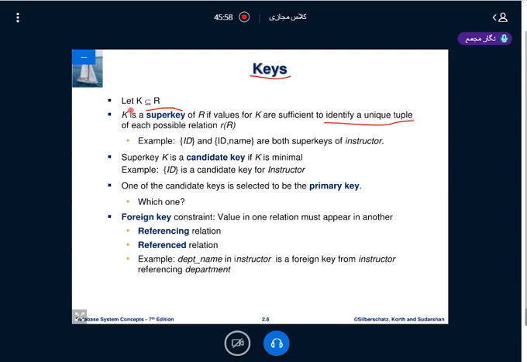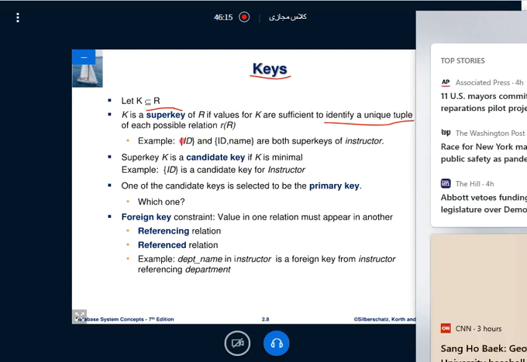It means that we call K a super key of relation R if the values for K are sufficient to identify a unique tuple.